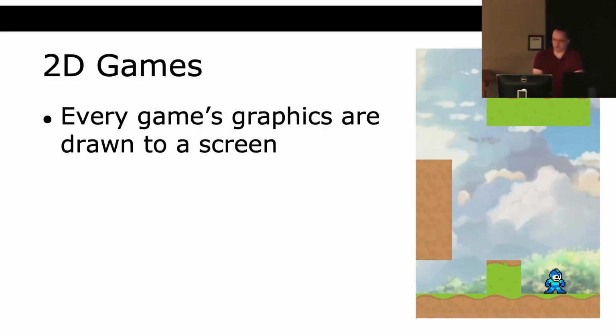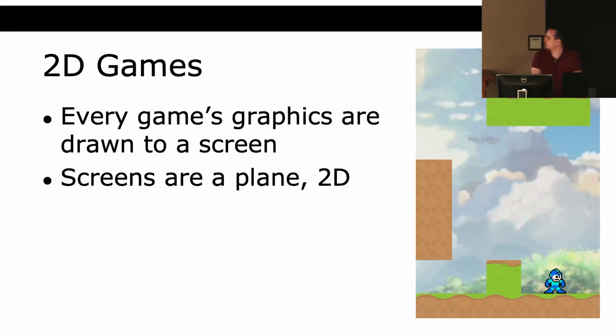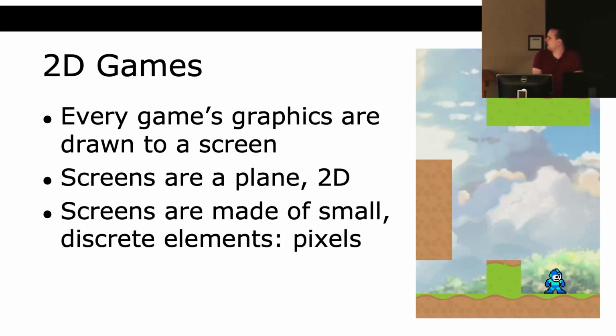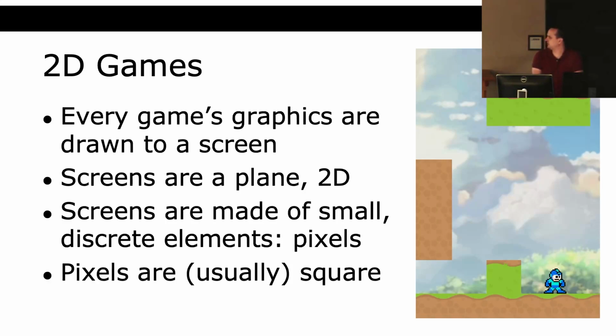So as a quick refresher, every game's graphics are drawn to some screen, as long as you're not using some sort of 3D display, which none of us can afford. Screens are a plane, they are in 2 dimensions. Screens are made of small discrete elements called pixels. Pixels are, in modern times at least, square.